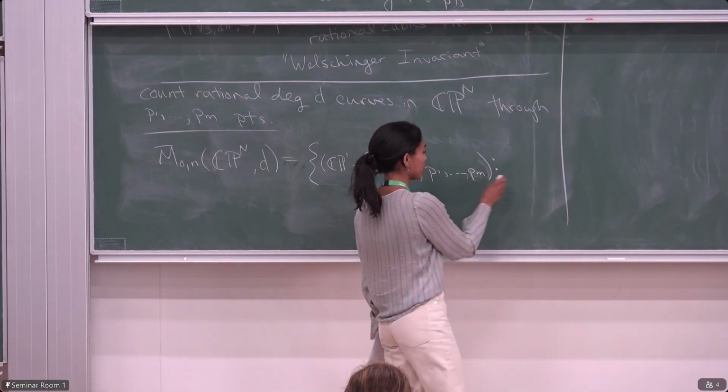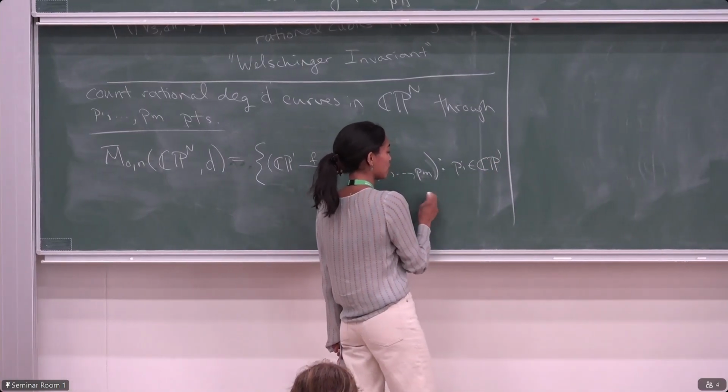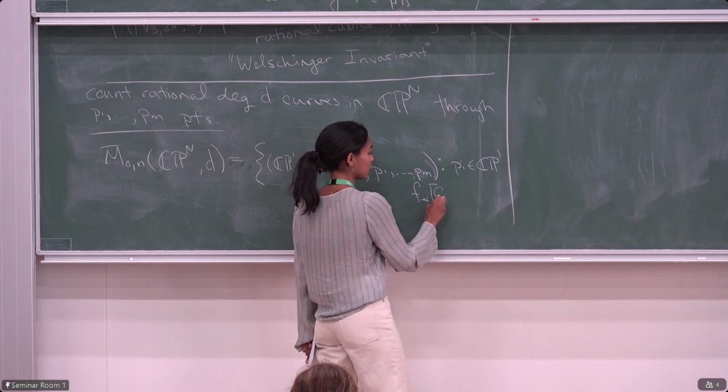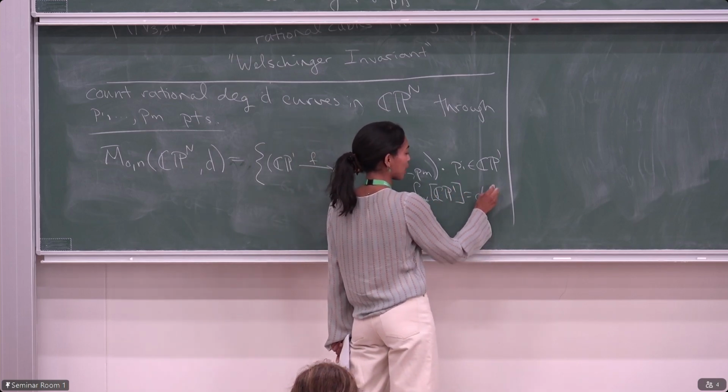We want these pi to be points of the P1. We want the pushforward of the fundamental class of P1 to be D times the class of a line.